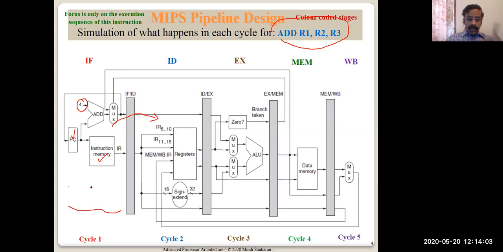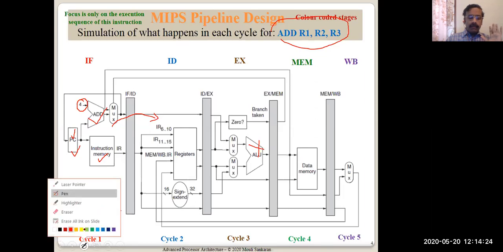If it has to access the next instruction, it should have a new value on PC. So someone should add 4 and put the result back into the PC within the same clock cycle. Who is doing it? This adder is doing it. We are not going to use this ALU for that purpose, which is down the line in the pipeline. It is meant for a different purpose.